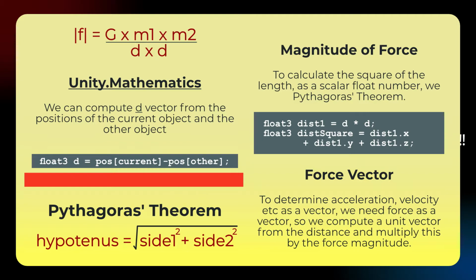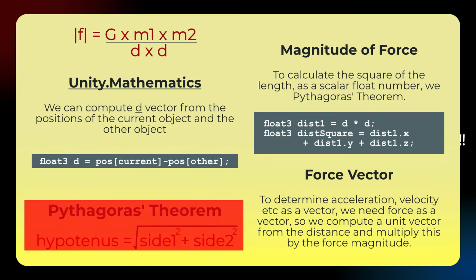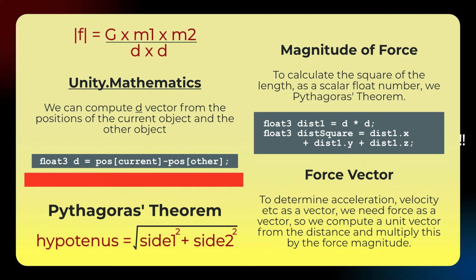We can then compute a vector between them, and the vector obviously has size, as in length, but also direction. Now for the force calculation we only need the size. So we need to use something like Pythagoras' theorem to determine the size, which is the hypotenuse in this case, by summing the squares of each side. Because it's three-dimensional, there are actually three sides.